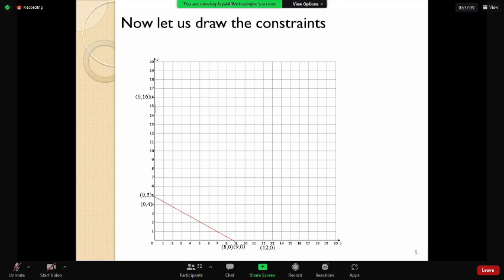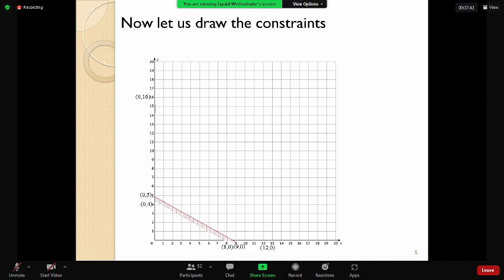Without the inequality part, this is the line representing 5x plus 9y equals 45. Then we have to mark the less than side on this line. So how to mark the less than side? This is the way you mark an inequality. On the less than side, you have to shade. So this is the less than side. This is for the third constraint.